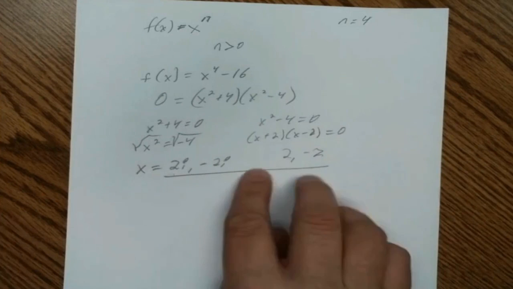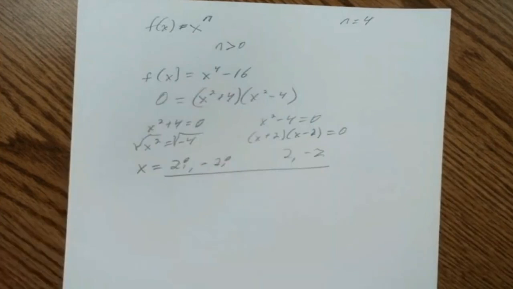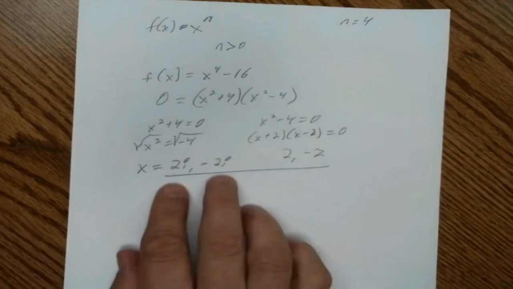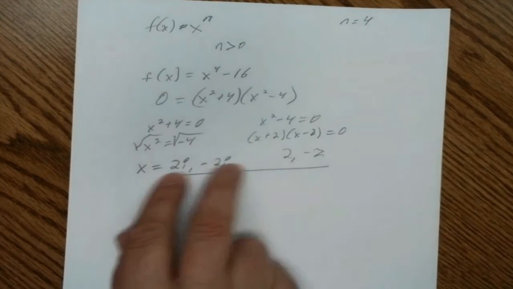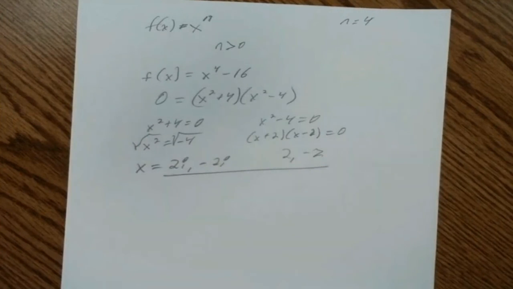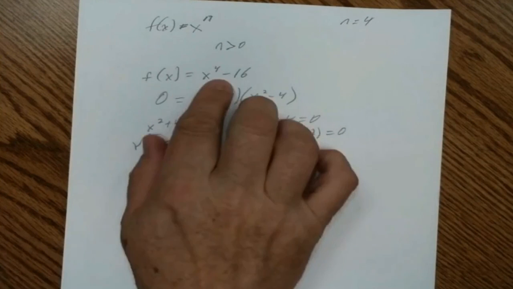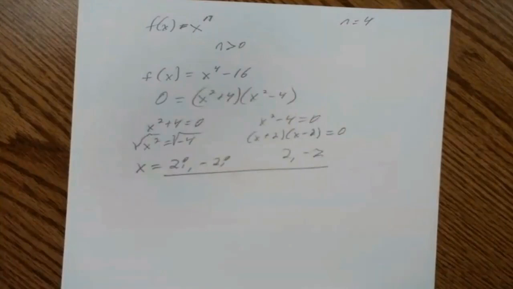There are 4 zeros because it is to the 4th power. So now that we've introduced imaginary numbers and complex numbers, that changes our math a little bit. Lesson 2.05 talks about this, finding all 4 zeros and being able to algebraically prove that.